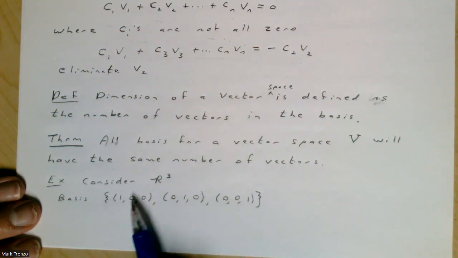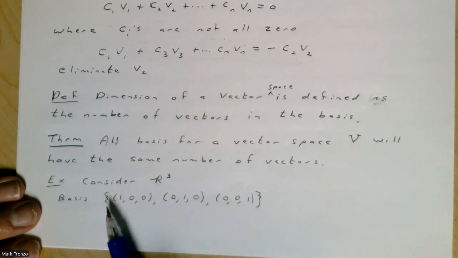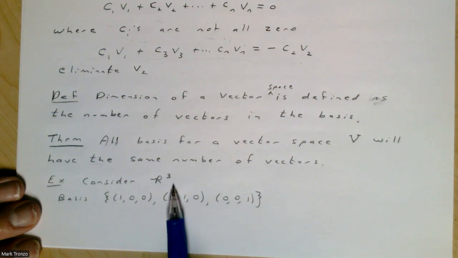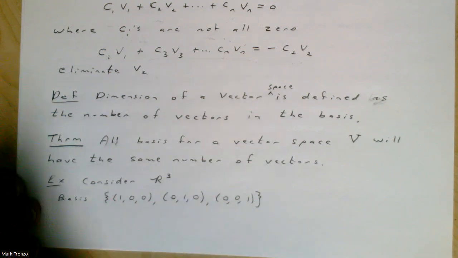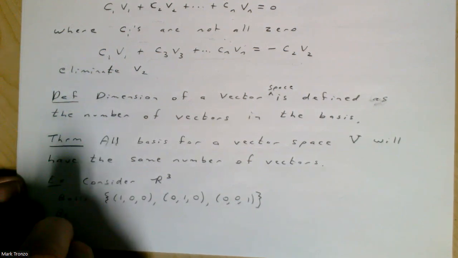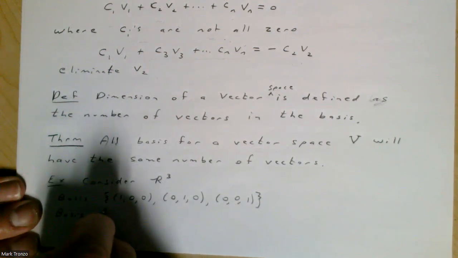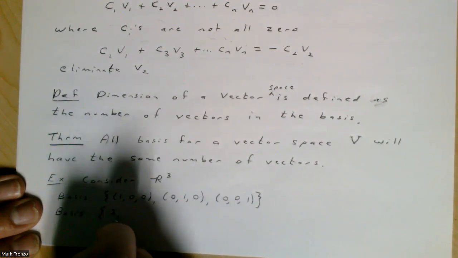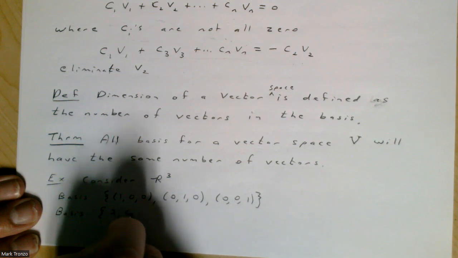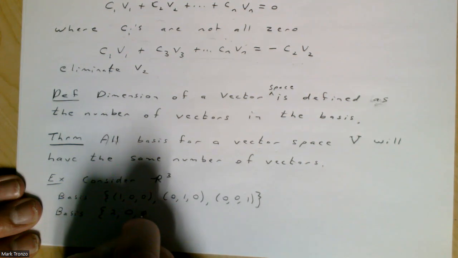And you can also show that you can get any vector in R3 by simply multiplying the first coordinate by this vector, the second coordinate by this one, the third by this one, and adding them up. Also, another basis for R3, we could maybe do, say, something like this. Let me still keep it pretty simple.